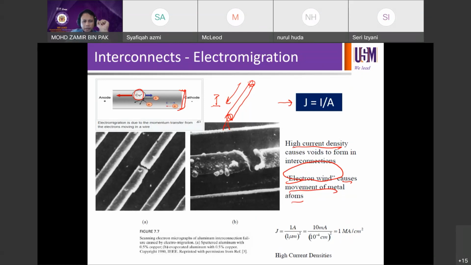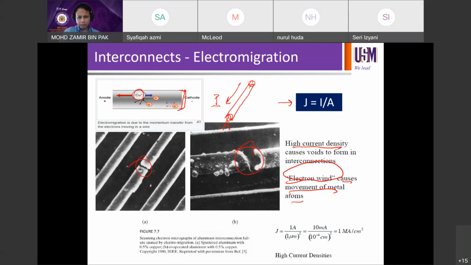As a result, it's going to cause breakage of the metal contact at some point. This will be more serious in high technology where your interconnect has to be very dense and small, so it's going to cause more electromigration.